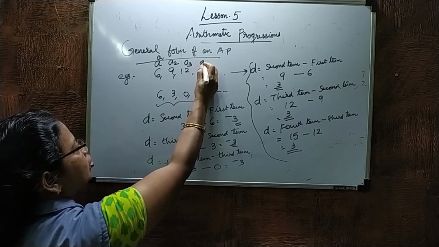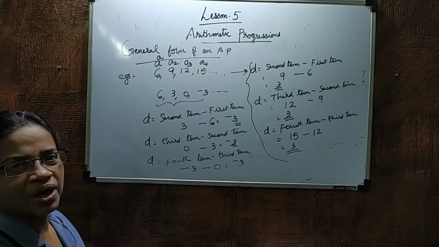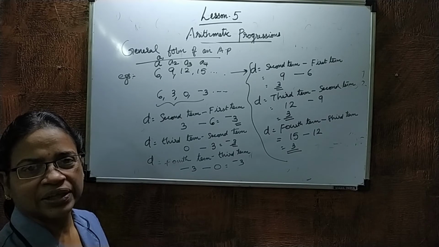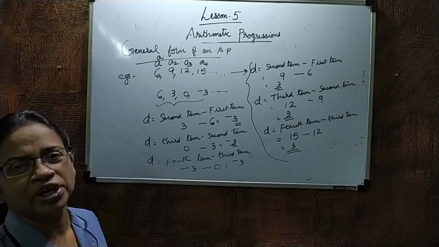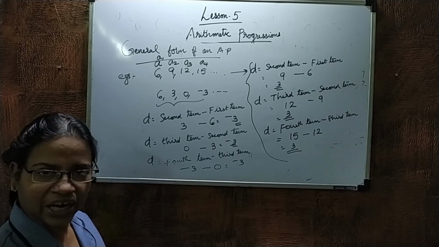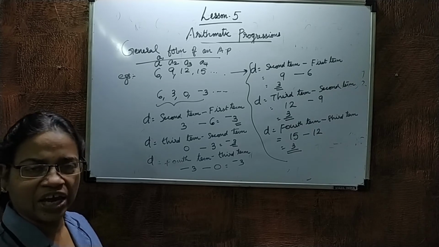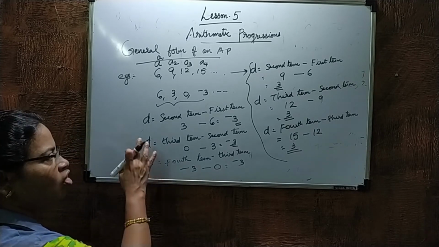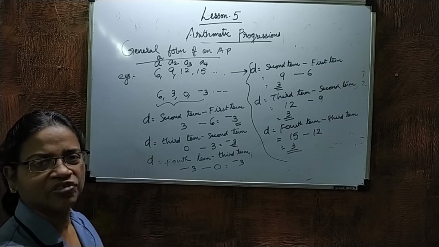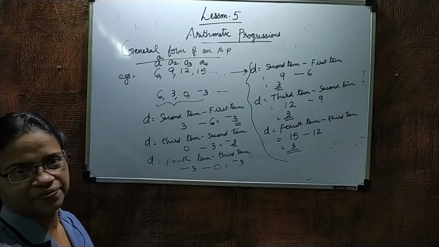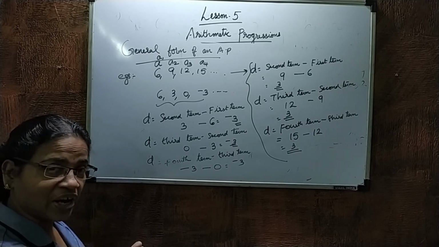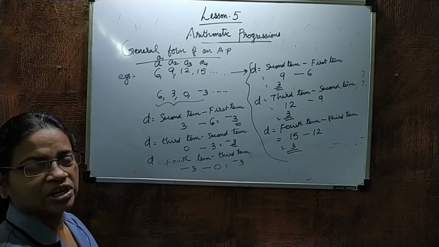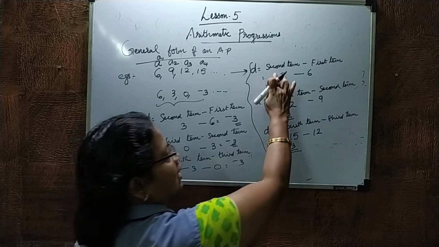And fourth term A4. The first term has two names, A or A1. When finding a common difference, we always take the first term as A1. Okay. When you find the common difference, how will you find it? Second term.